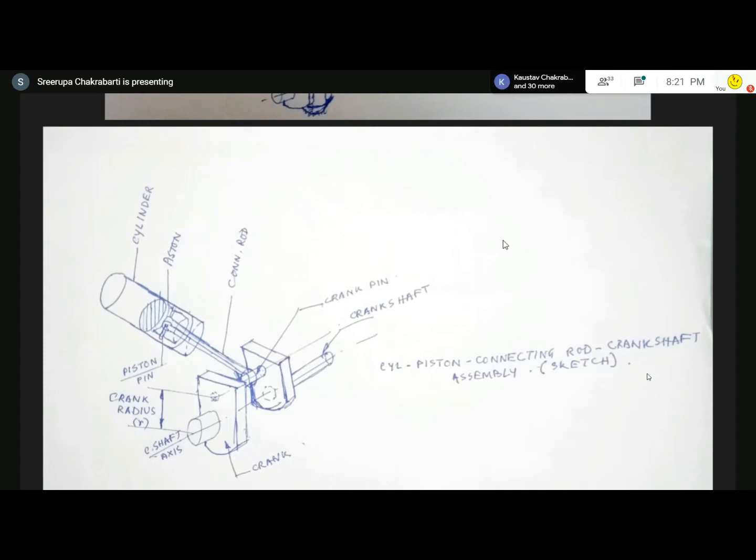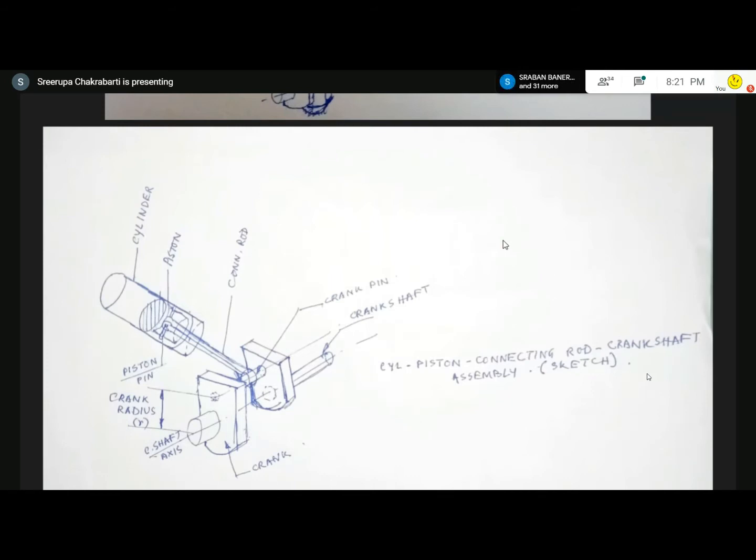Now, this connecting rod movement is not linear. The piston movement is linear because the cylinder is fixed, but the connecting rod movement is a combination of linear and oscillatory pattern. The connecting rod moves out, and it also has an angular movement about the piston pin; about the piston pin, the connecting rod oscillates.